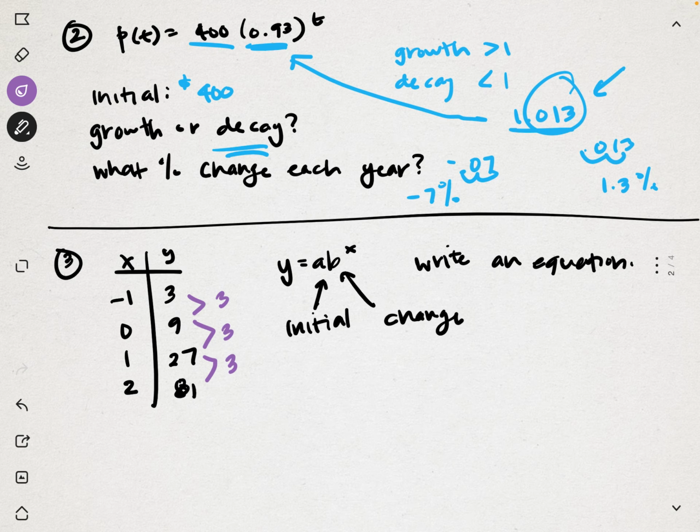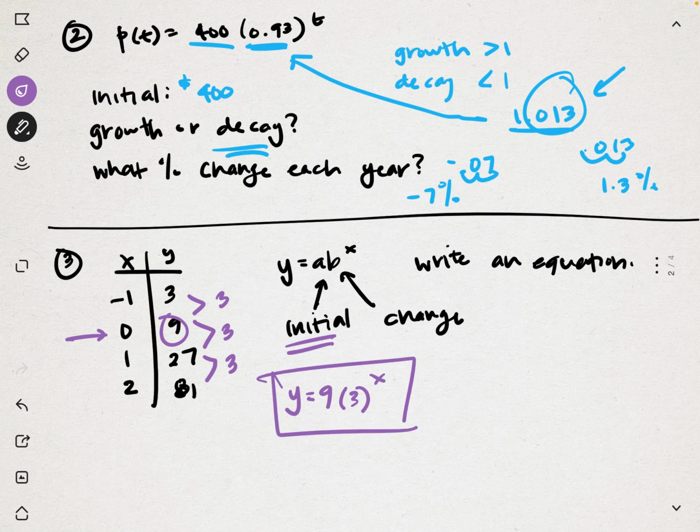And then in order for us to write our equation, it's pretty easy. The initial value is the f of 0, right? So the initial value is 9. I'm going to say y equals 9, and then the change is going to be the base to the x. And then we're done. So pretty simple once you understand what we're looking for. We're looking for initial value and the change.